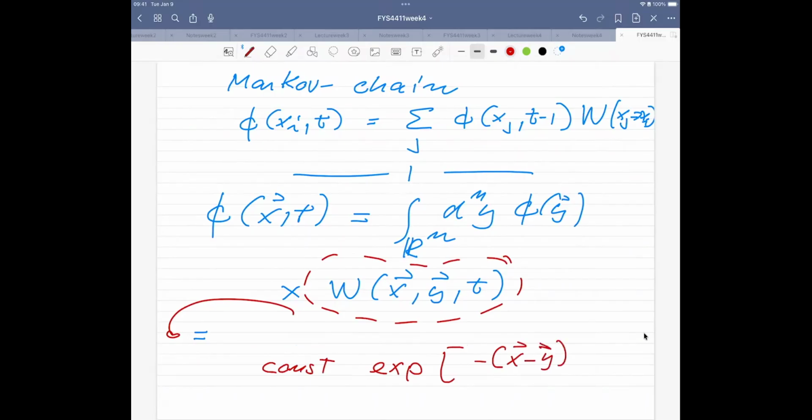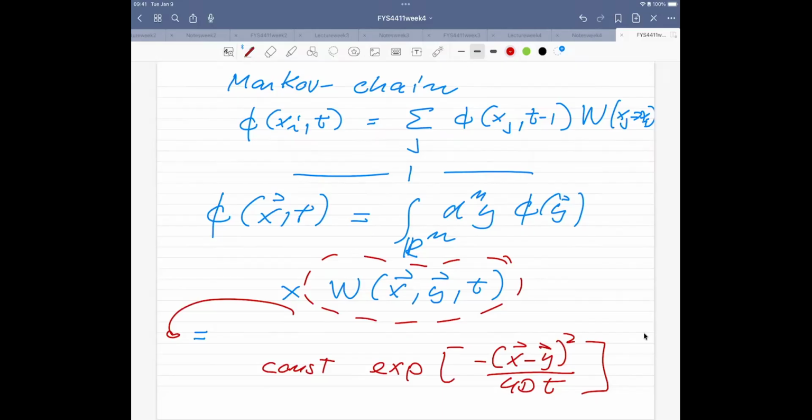It doesn't matter whether we have x or y first. This becomes interesting because we can make an interpretation that this function, this w here, now represents a probability distribution for making a transition from y to x at a time t.